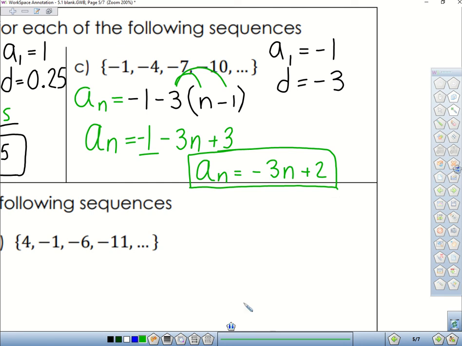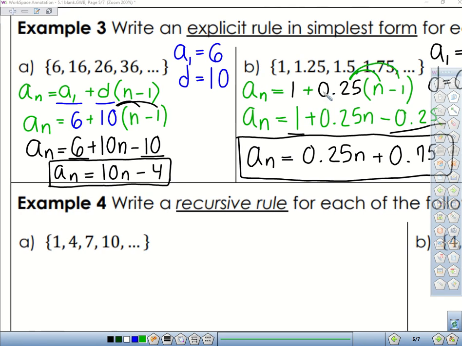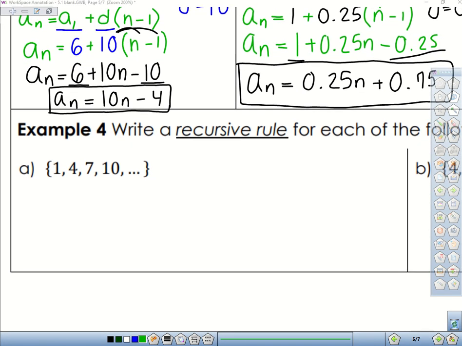All right. So how does everybody feel about writing explicit formulas? Good? Anybody need more time on any of these? All right. So let's move on to recursive. So we mentioned on the first slide, recursive rule is only useful to help you find a term after the one you already know.